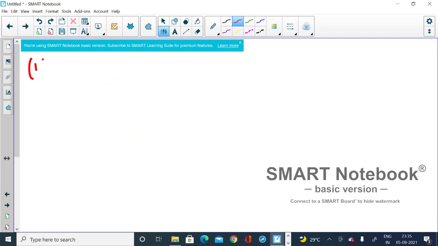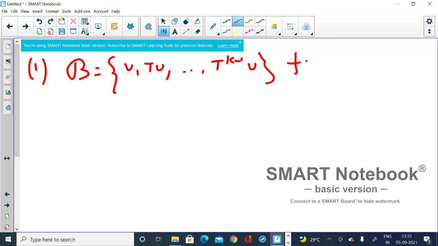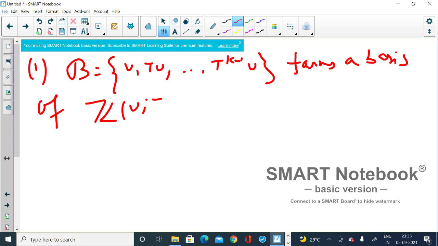Now with the help of this, we can say some things. First, in this case, the set B, which is v, Tv, up to T^(k-1) v, forms a basis of this Z(v; T). Let me write W, otherwise I have to write Z(v; T) every time.